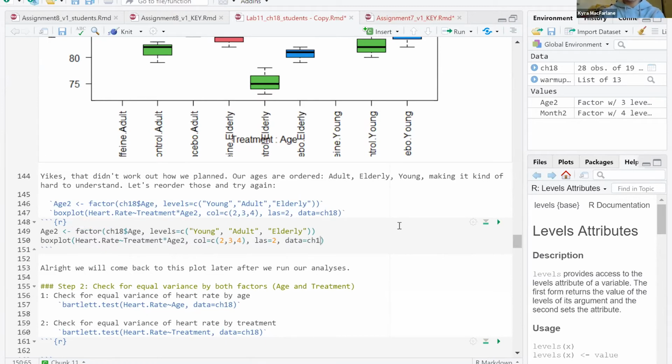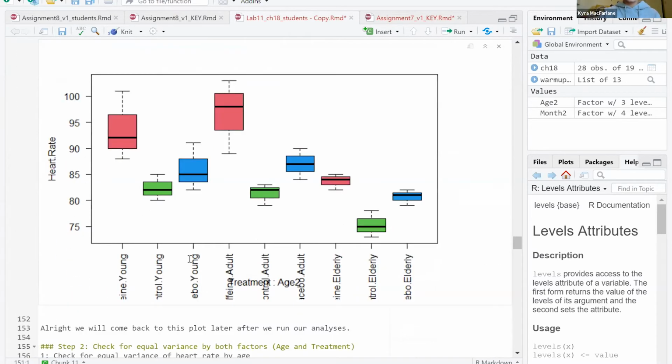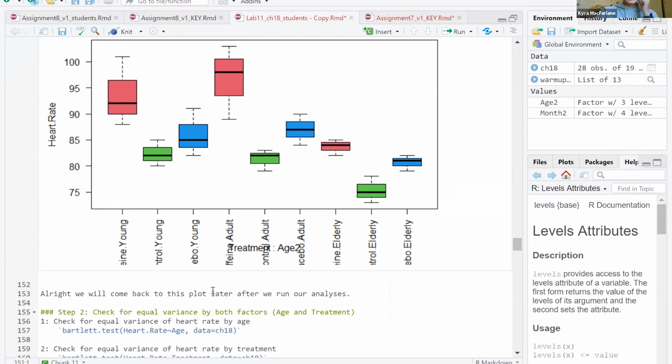Data equals chapter 18. There. Now our x-axis is organized by young, adult, elderly. Caffeine is red, control is green, placebo is blue. All right, so we will come back to this plot once we run our analyses.